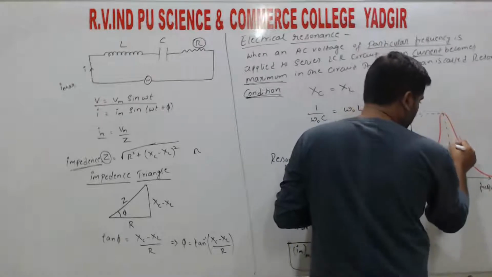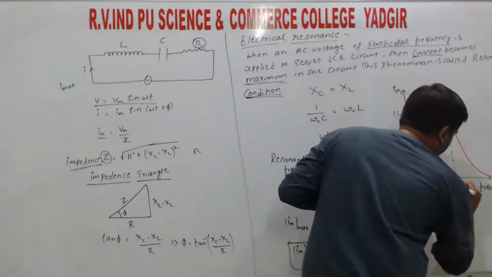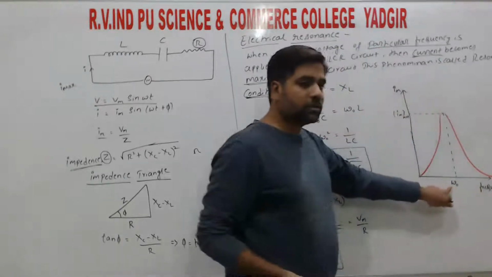So for a particular frequency, we are getting the current maximum. So that is the omega naught.